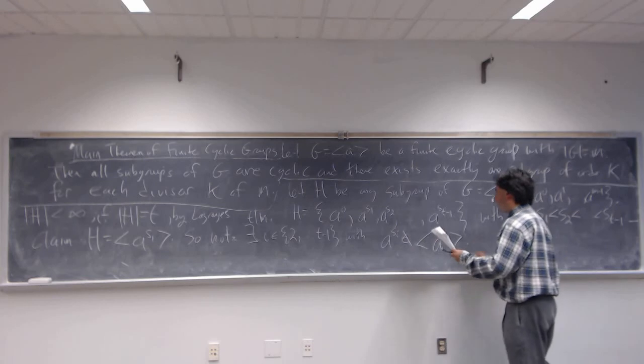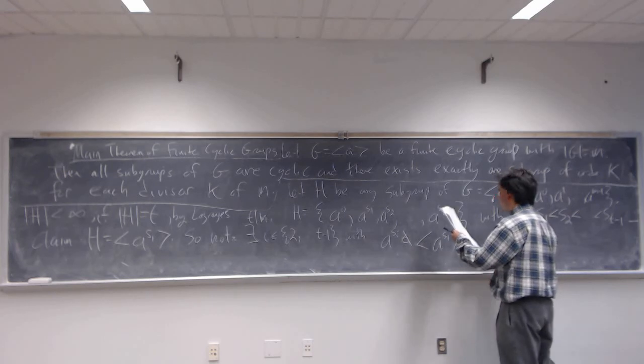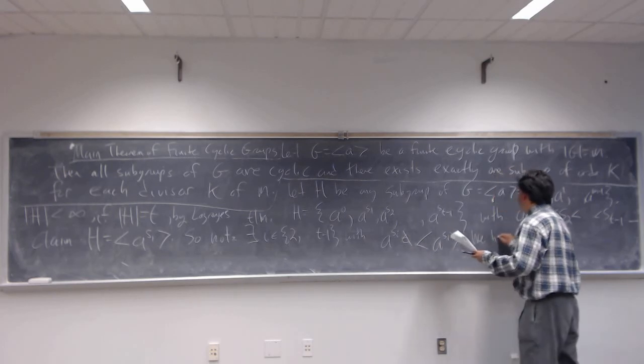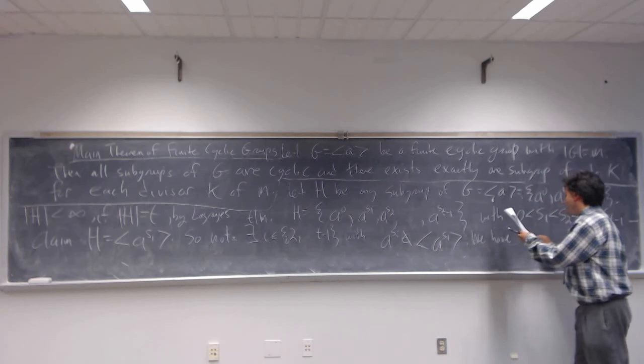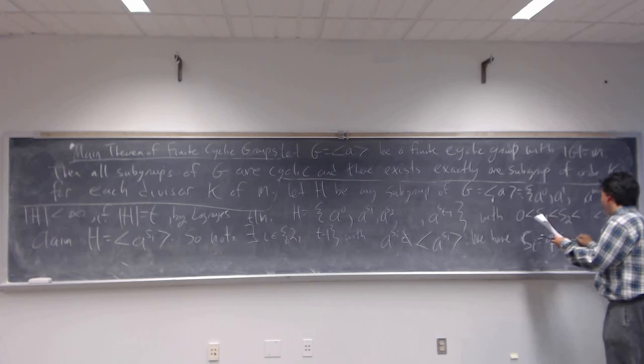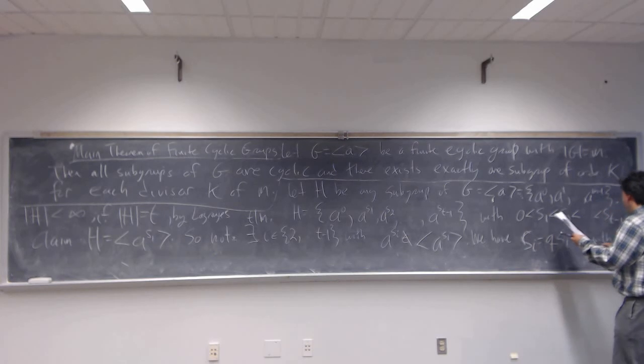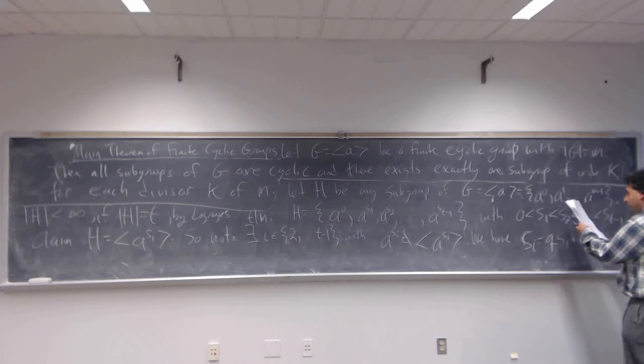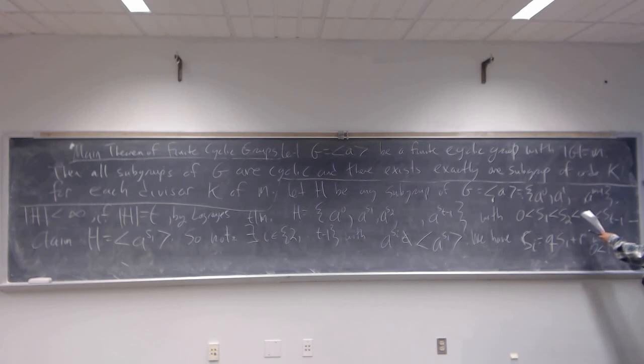So what does that mean? Let's now apply the division algorithm. So we have s_i equals q s1 plus r, with 0 less than or equal to r strictly less than s1. Now you say, wait a second, the division algorithm implies that r could be equal to 0.